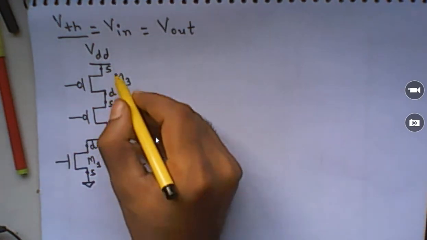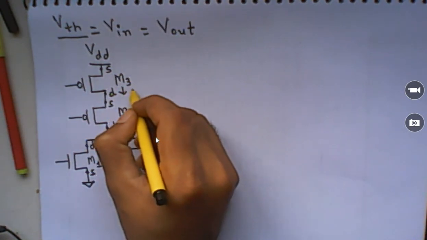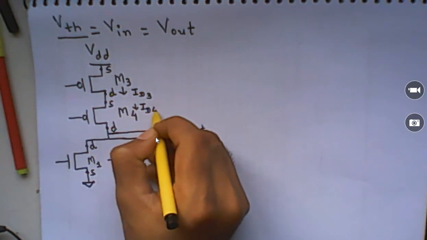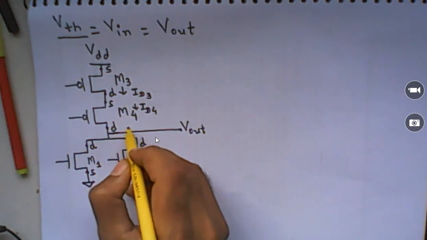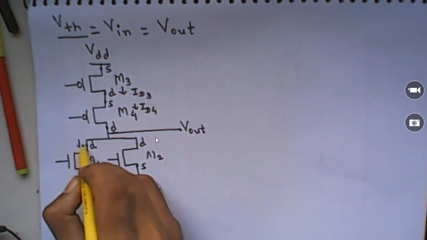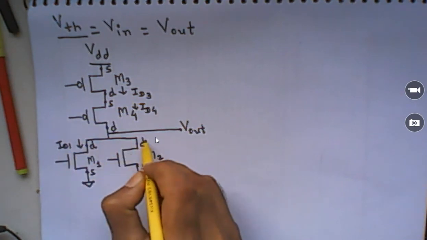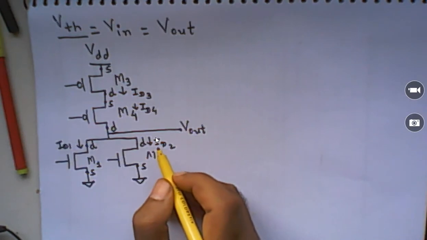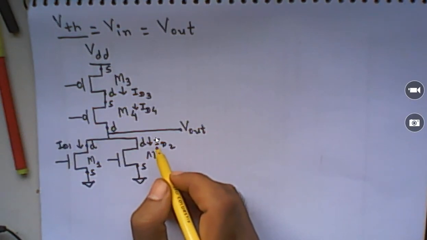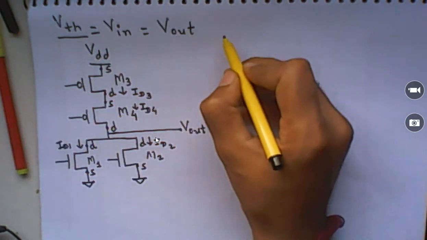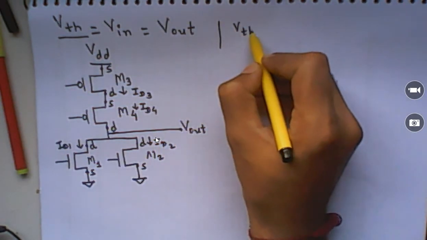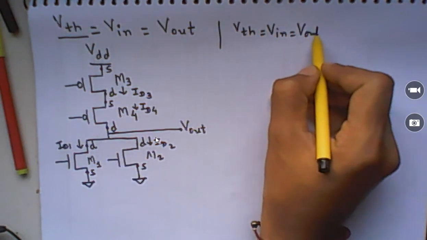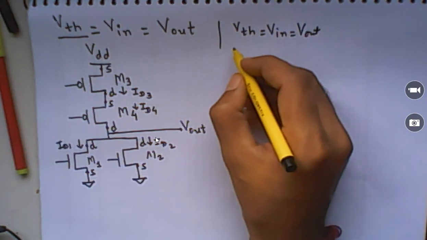Here we can see whatever the current, ID3 is equal to ID4, and let me call this ID, and it is divided into two paths, ID1 and ID2. Okay, so let's find the ID when we are finding VTH. Our interest is to find VTH. So when the input is equal to the output, equal to Vout, at that time both the NMOSFETs operate in saturation.